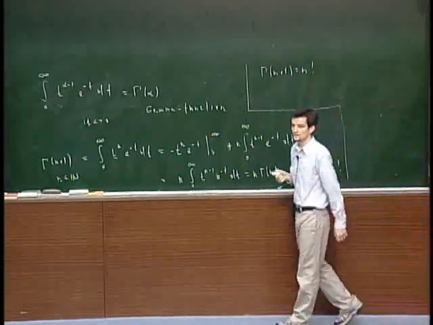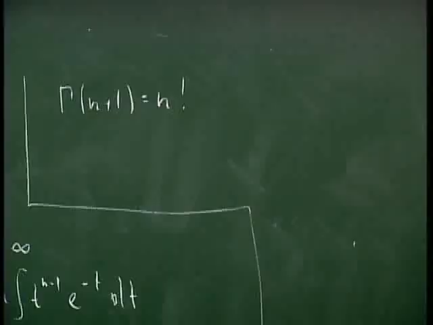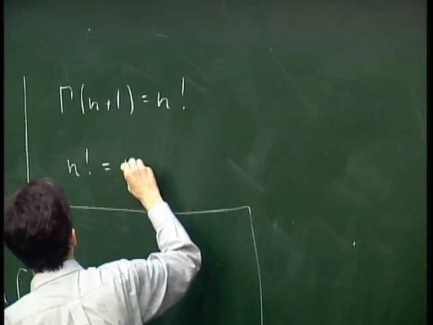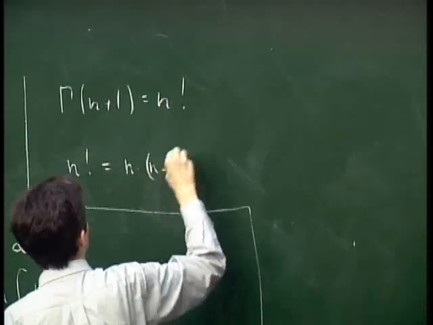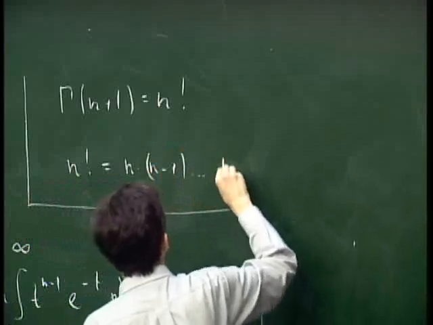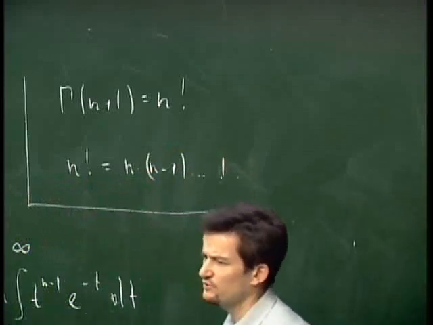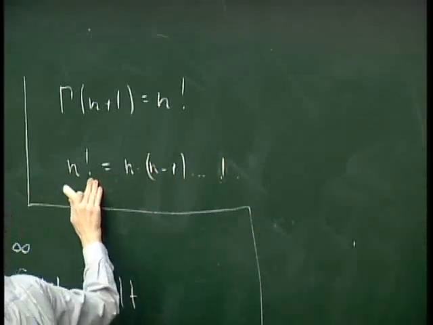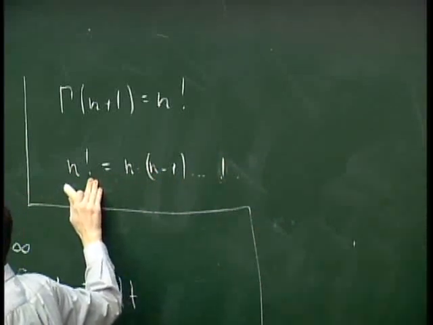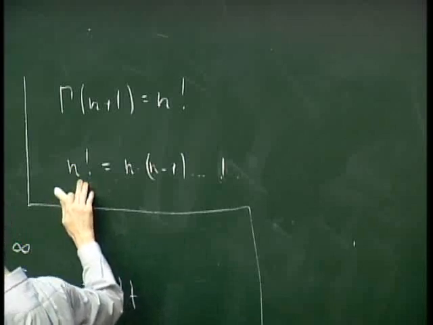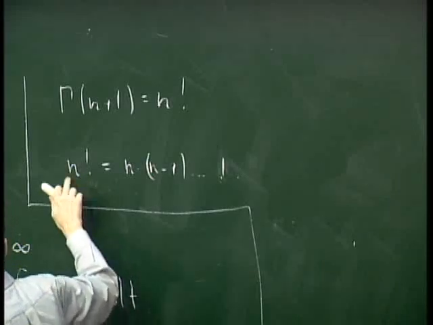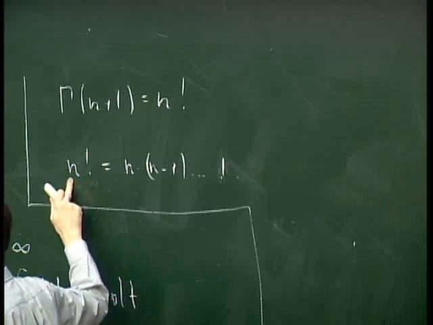So this means that gamma n plus 1 is equal to n factorial. And this is the reason why the gamma function is defined. Because the definition of n factorial is n times n minus 1 times and so on times 1. There is often the question, is it possible to define this factorial in a way which makes sense if n is not an integer but a real number?